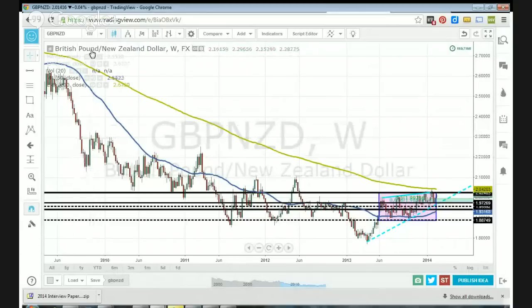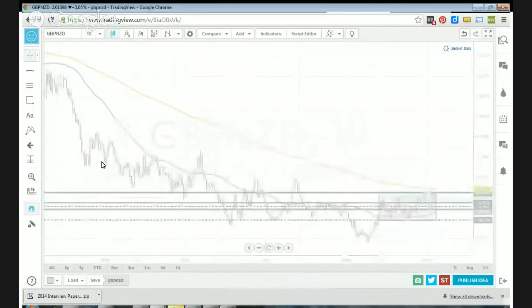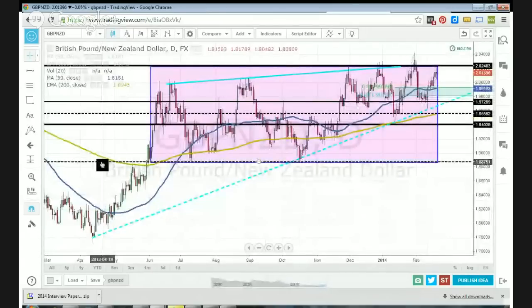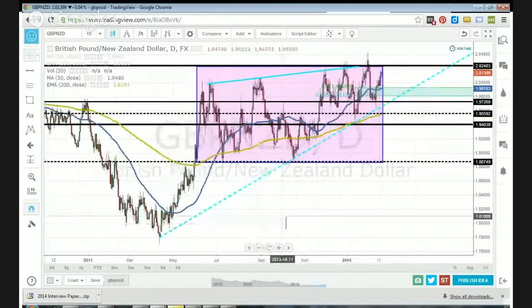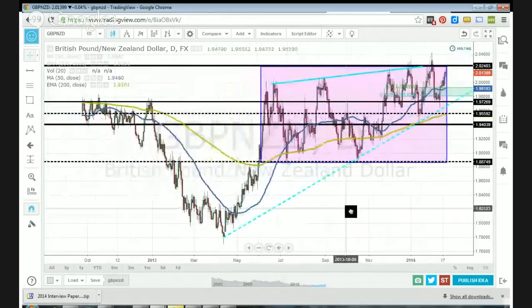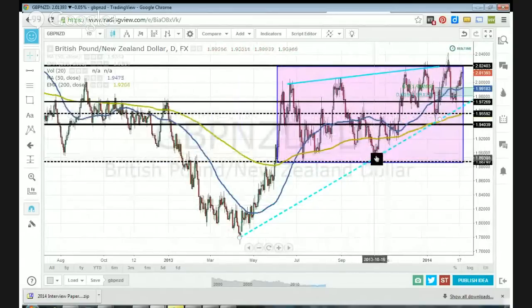And let's go back to the daily. Let me zoom out a bit. Basically, what I'm trying to get an idea of is how meaningful this pattern of higher lows is and this pattern of higher highs relative to the broader trend.